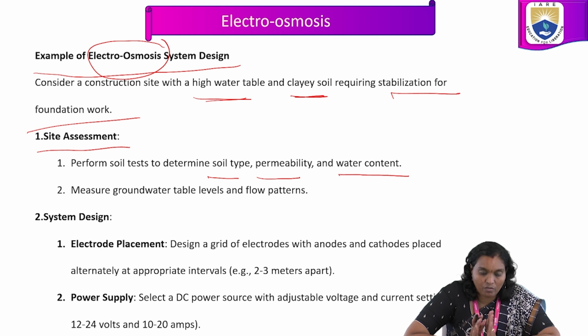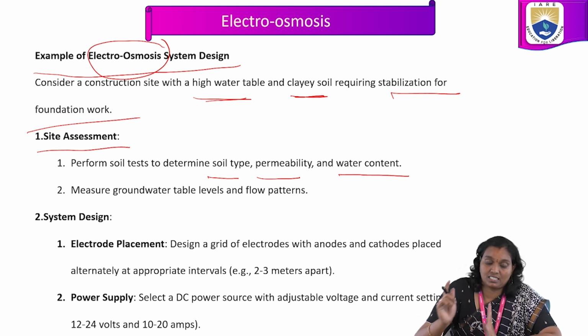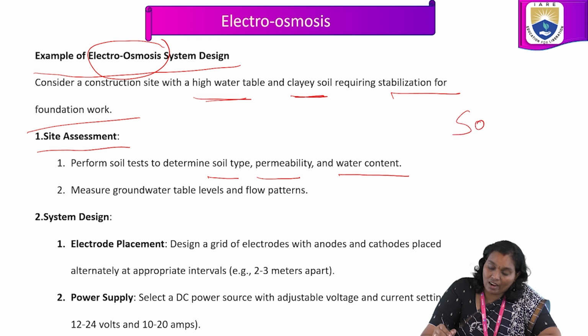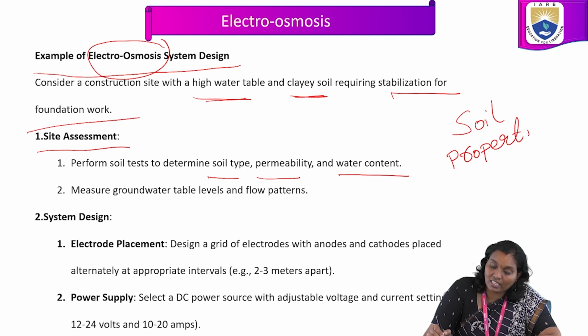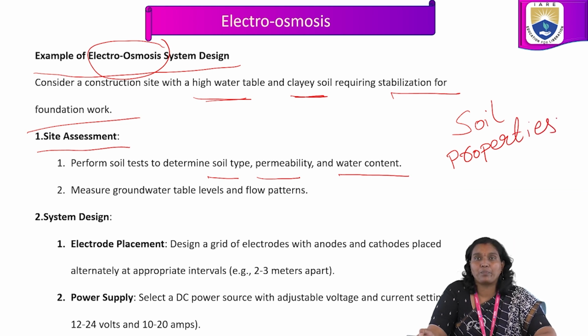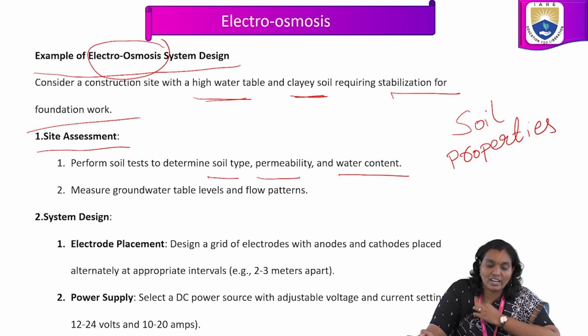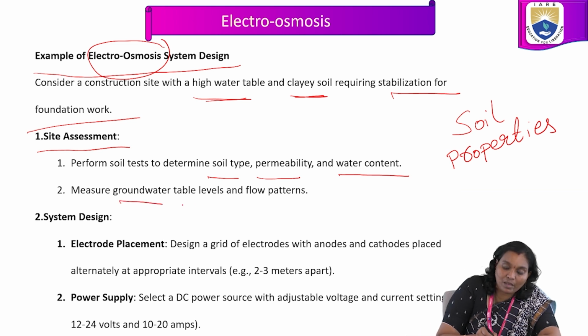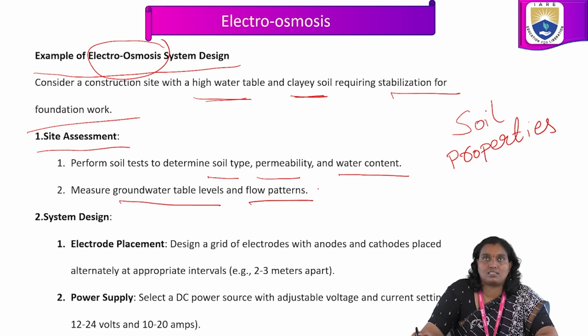First we have to understand the soil properties, so we conduct the basic tests for understanding the soil condition: soil type, permeability and water content. The next one is to measure the groundwater table levels and flow patterns.